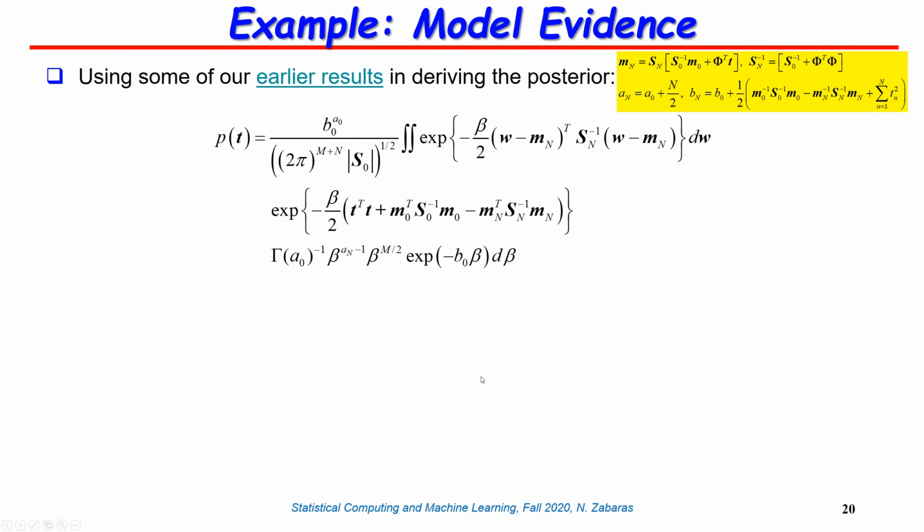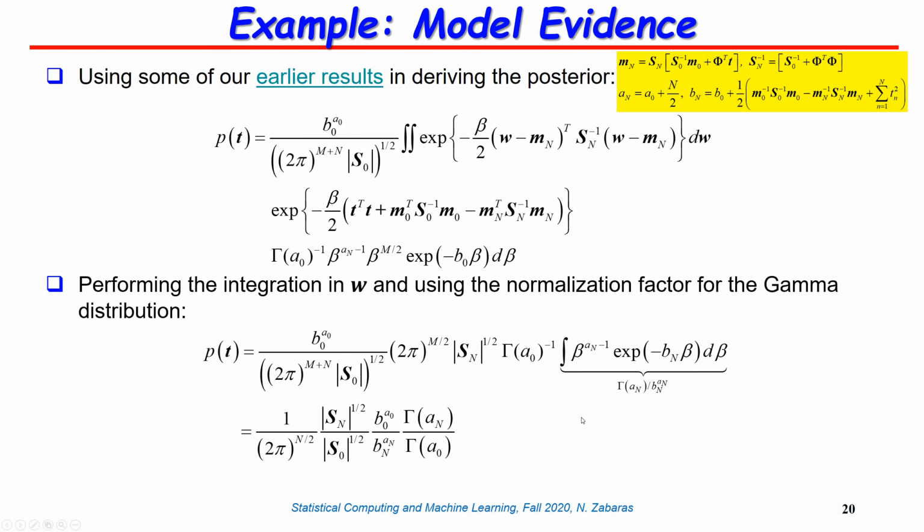Okay, I'm not going to go through the details. Basically, I described how to get rid of W by integrating it out, by completing the square. Then what is left is the normalization of a gamma, so cut and paste the formulas for the normalization of the gamma with the correct parameters, and there is a very nice expression at the bottom for this marginal likelihood, where again we use conjugate priors to do the analysis.